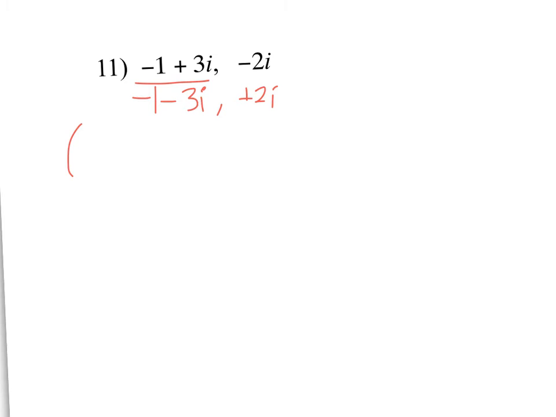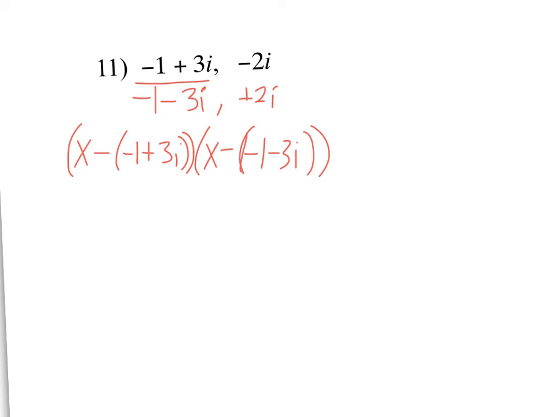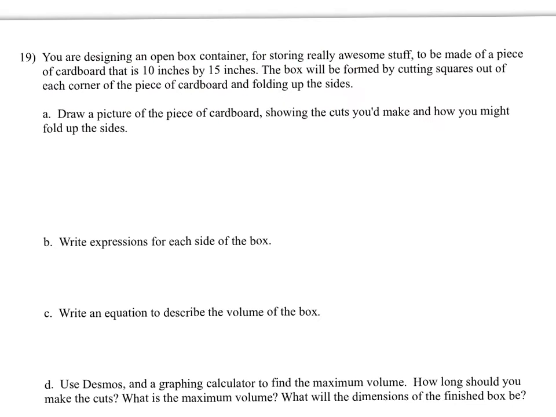I can build my polynomial from this. So x minus negative 1 plus 3i, x minus negative 1 minus 3i, x plus 2i, and x minus 2i. And again, I'm done at this point.